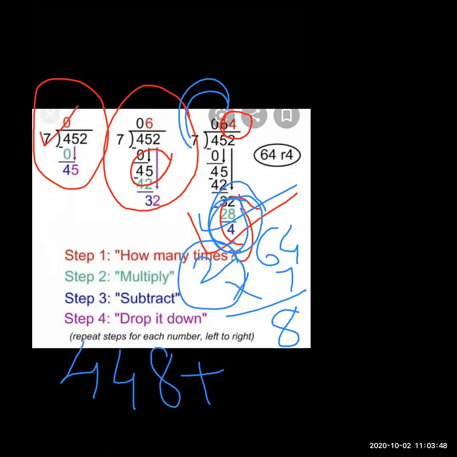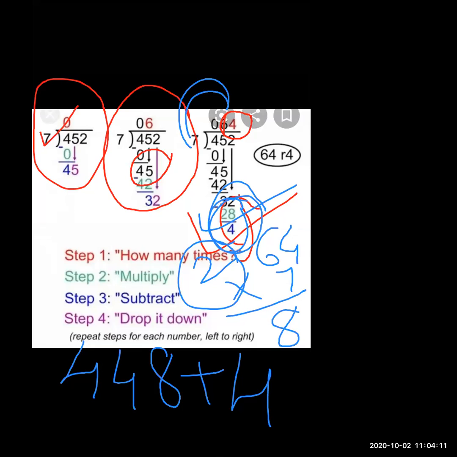Okay, wait a second, students. Those who are not understanding, again I am going to explain. Wait a second. 448 plus 4. Yes, do the addition and tell me the answer. 452.